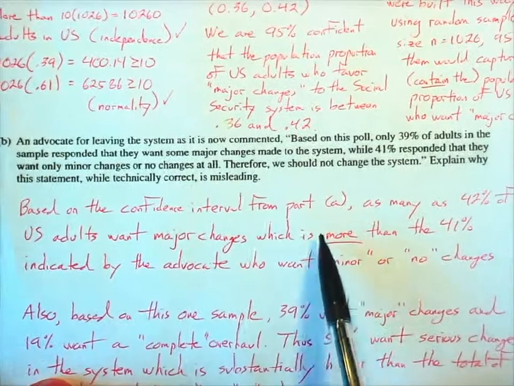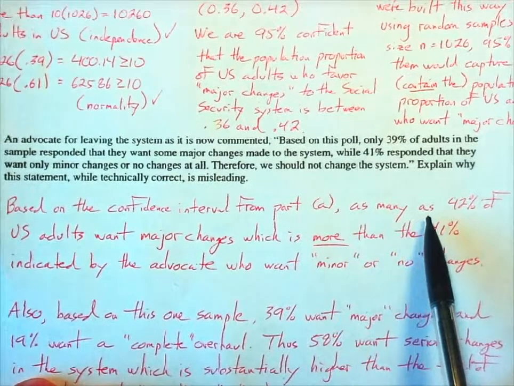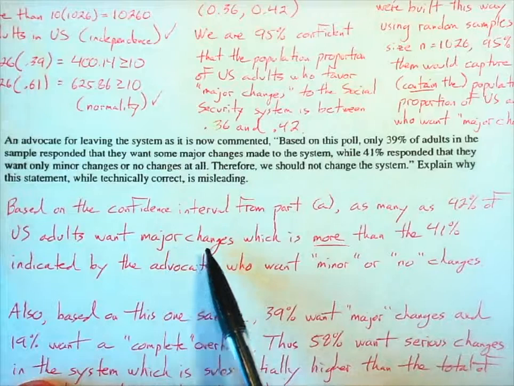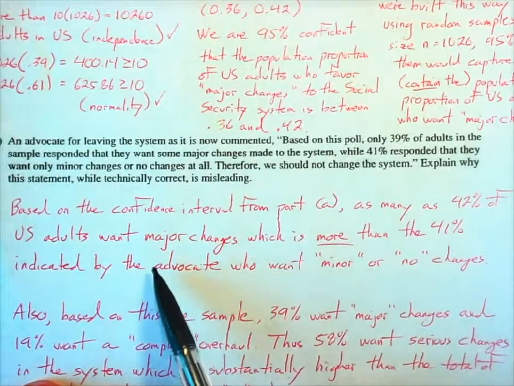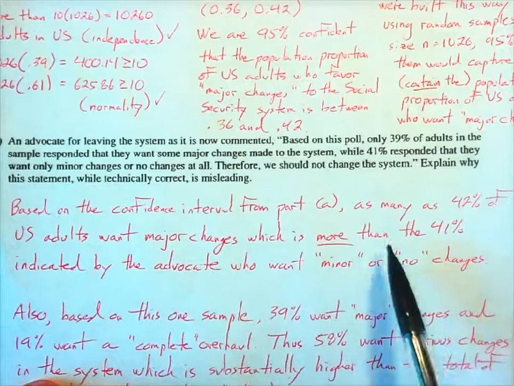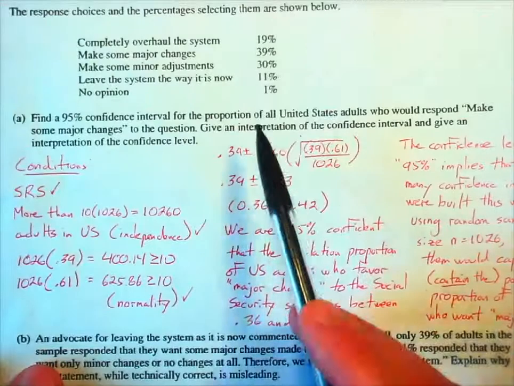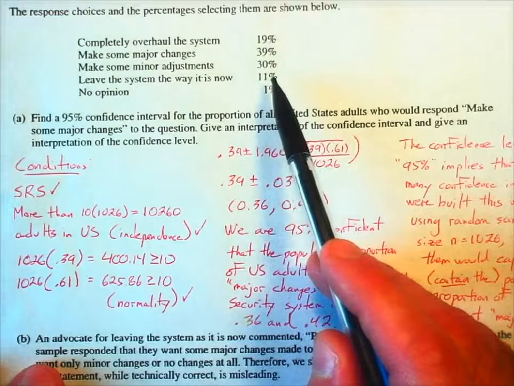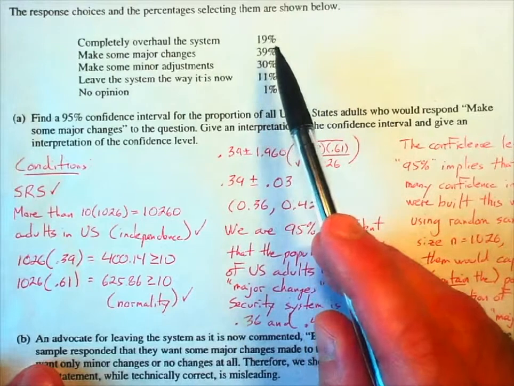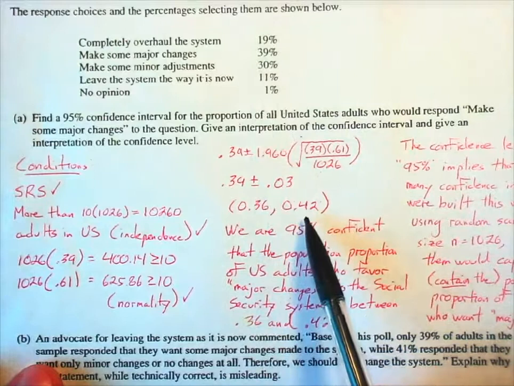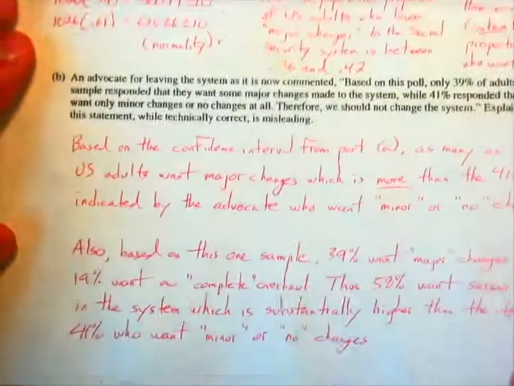So based on the confidence interval from part A, as many as 42% of US adults might want major changes, which is more than the 41% indicated by the advocate who want minor or no changes. So if the advocate wants to add up the 30 and the 11% to try to justify not making a lot of changes, well, in fact, that 39% may really in the population be as high as about 42%. So that's something that the advocate should consider.